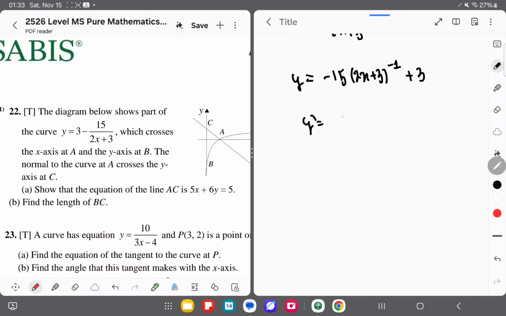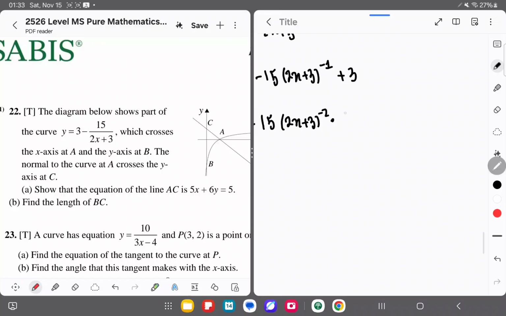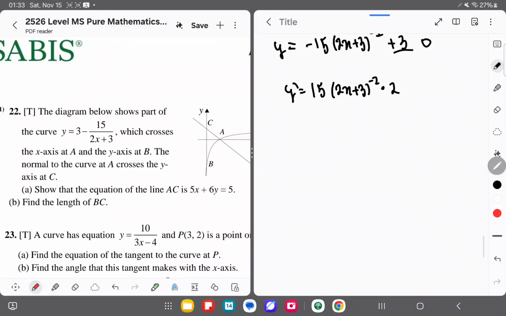So I do this, multiplied by 2, and this is a constant, so it's just going to be 0. So I have 30(2x + 3)^-2 = y prime.